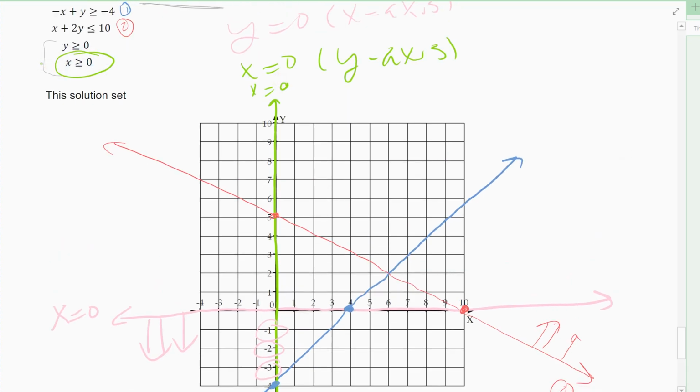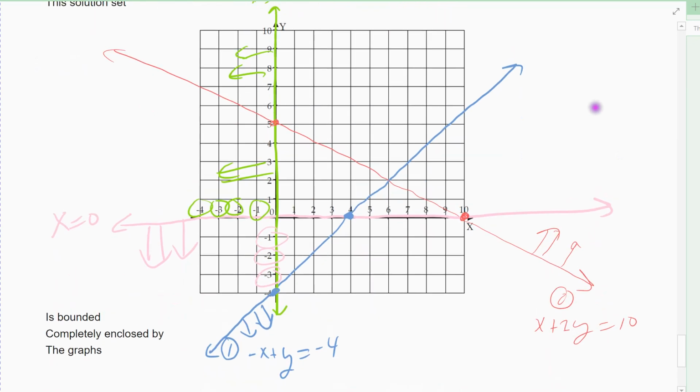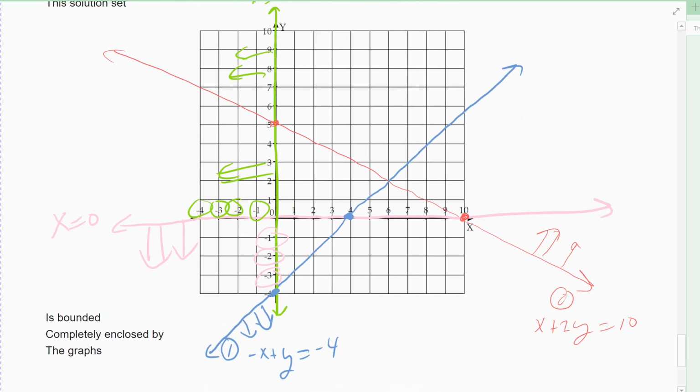I want to be bigger than 0, which means I want to keep the positive side. I want to get rid of the negative side. So I'm going to shade on this side. And in applications, that's almost always going to be true. Almost always. You're going to shade below the x-axis because I don't want any negative x values, and to the left of the y-axis because I don't want any negative y values.